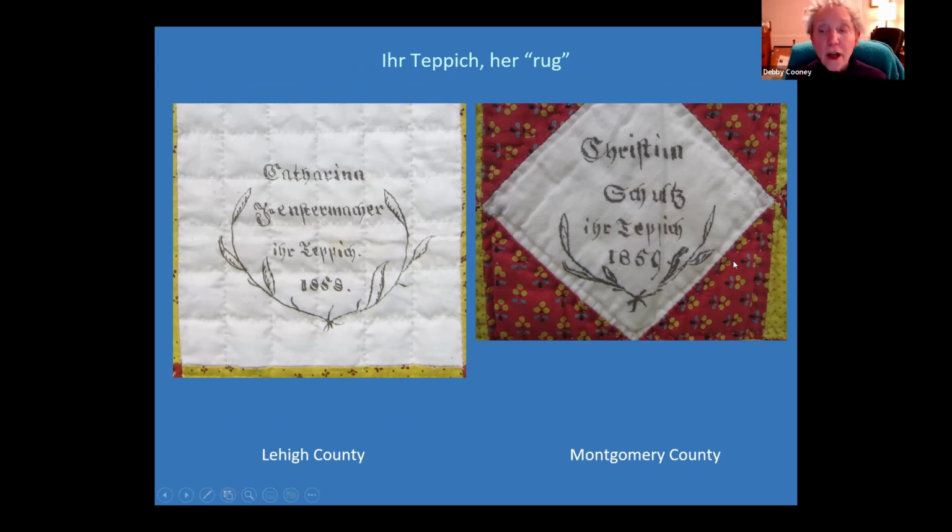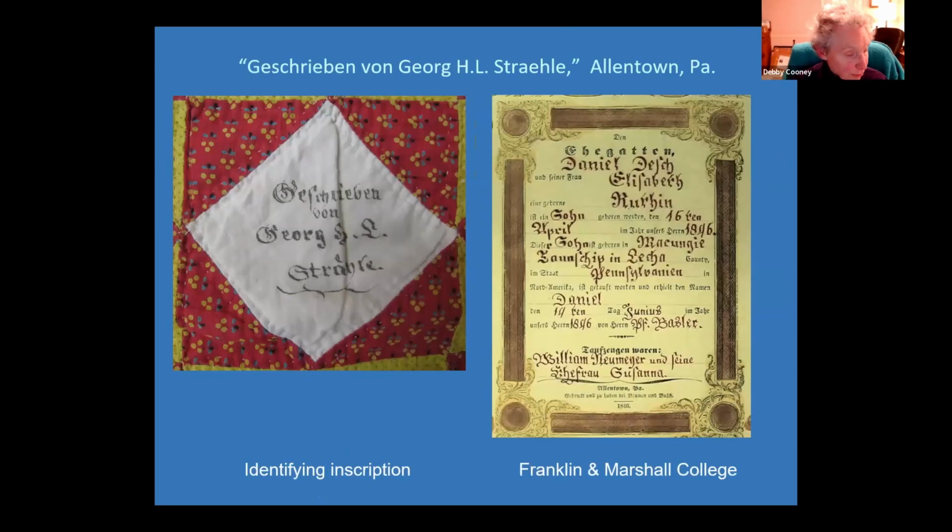I've only seen one other quilt that has something like this, and it says her property, but all of the others say her rug. The most prolific of the inscribed quilts and Taufschein were inscribed by George Straley, who was born in Germany in 1794.